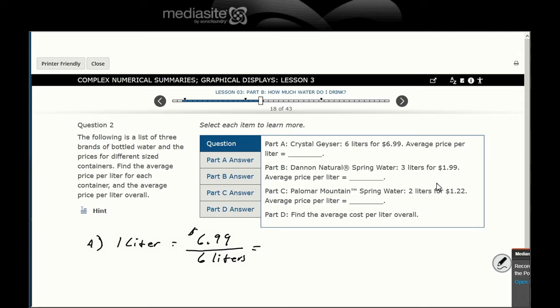What's 6.99 over 6? That gives us $1.165 per liter, and we'll round that to $1.17.